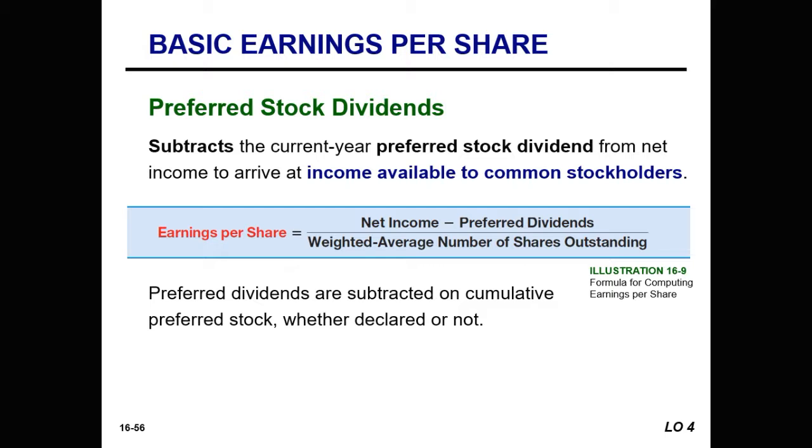Preferred dividends are subtracted on cumulative preferred stock, whether they have been declared or not. Dividends in arrears are not included. If there is a net loss, the preferred dividend is added to the net loss.